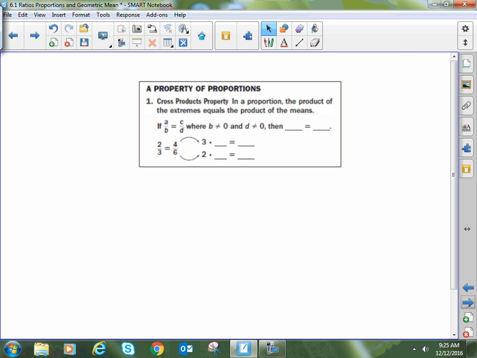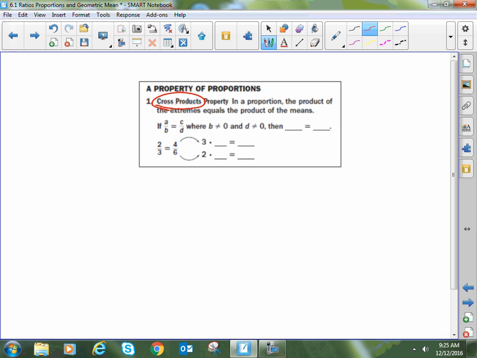Now here, this is a little bit of a pet peeve of mine. When you're solving a proportion, because that's what we're getting ready to start doing, we're going to start solving proportions using cross products. We cross multiply and divide.